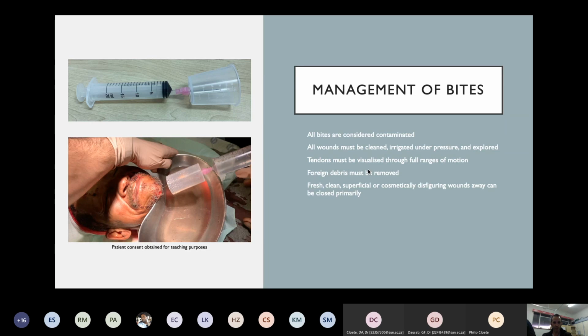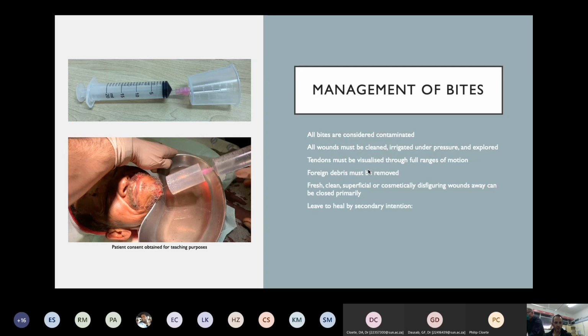Generally speaking, if the wound is fresh, so within 8 hours, if it's clean, if it's relatively superficial, and in some cases, cosmetically disfiguring wounds can be closed primarily. So that old adage of never suture a dog bite, there are exceptions to that rule.